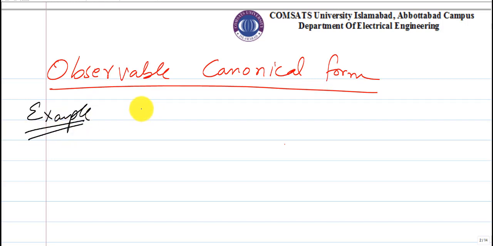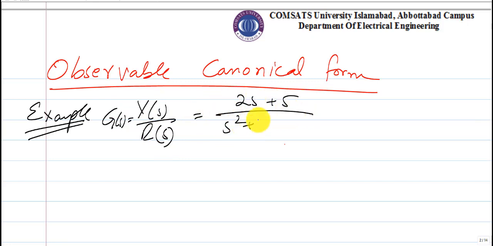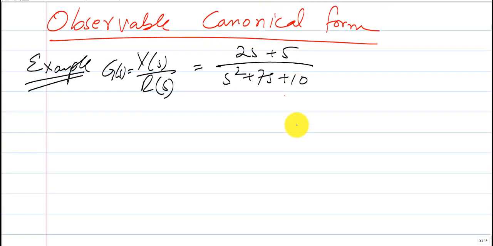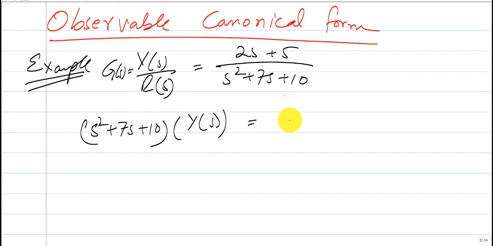We have the transfer function G(s) given as Y(s) over R(s), which is equal to (2s + 5) over (s² + 7s + 10). In this method, we will rearrange this transfer function by cross multiplying: (s² + 7s + 10) Y(s) equals (2s + 5) R(s).